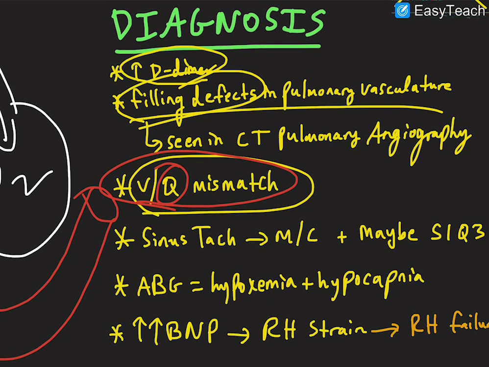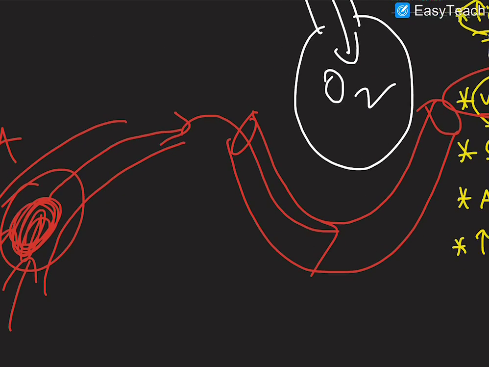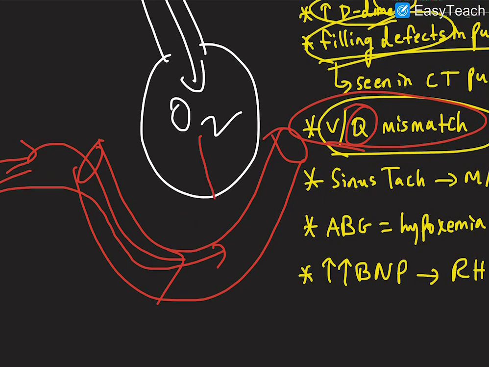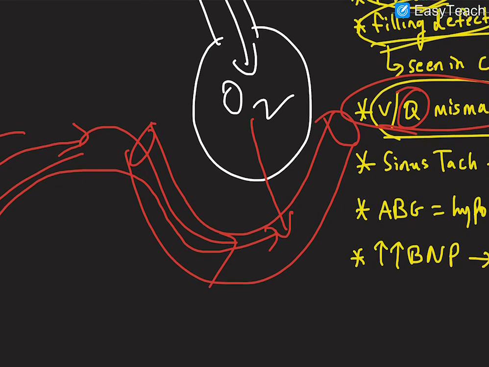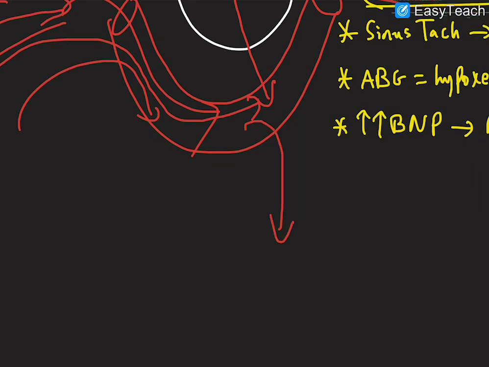And then of course, because of this clot, you have less blood getting oxygenated, because you're not getting enough perfusion. So less oxygenated blood makes it to your left ventricle, and less oxygenated blood is pumped out of your left ventricle into your systemic circulation.